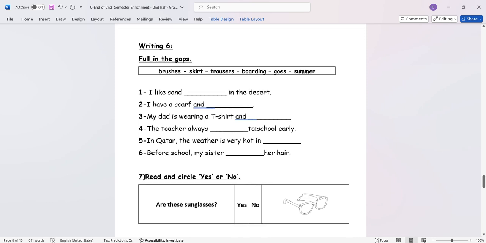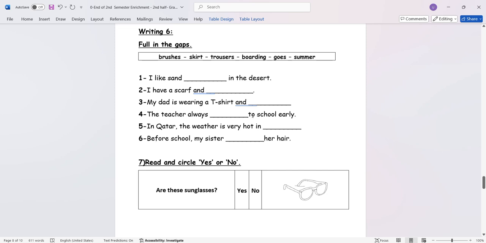Fill in the gaps. Brushes, skirt, trousers, boarding, goes, summer. Okay, for example, I like sandboarding. I like sandboarding in the desert.